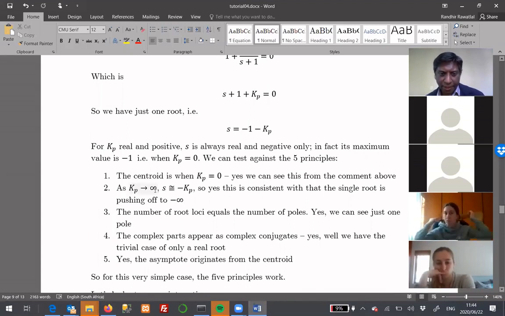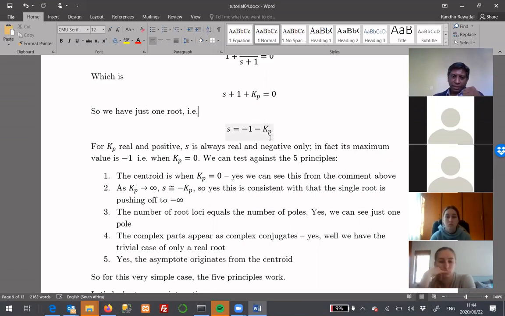And then as Kp goes to infinity, if you look here, that infinity makes that minus 1 small in comparison. So s becomes approximately minus Kp. That's how you work out the asymptotes, right?